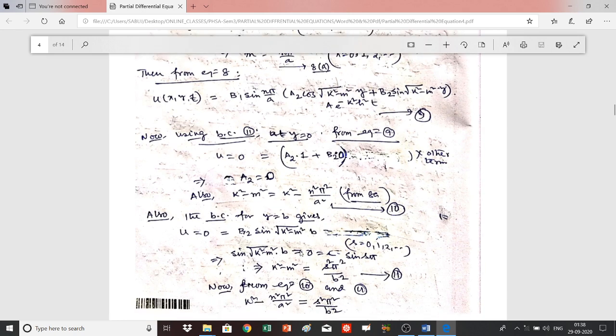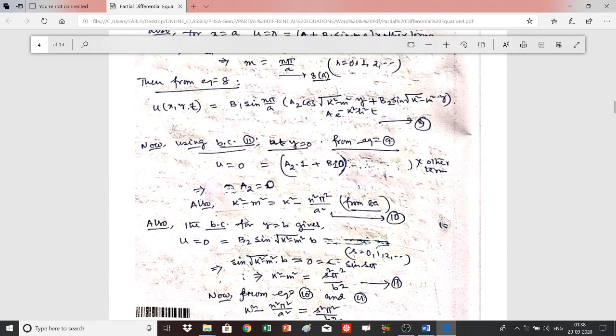And also see the second part of boundary condition number 2, that at y equal to b, u equal to 0. That gives you from this equation, because this term is not here, only these three terms will be there.